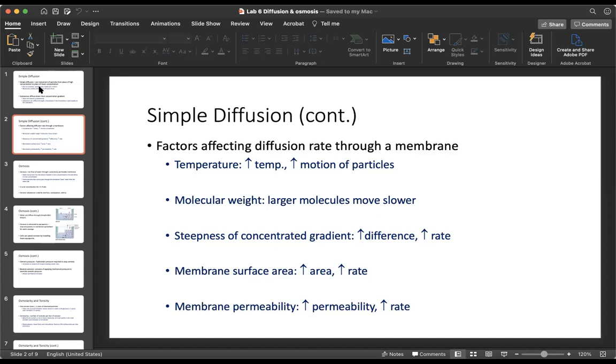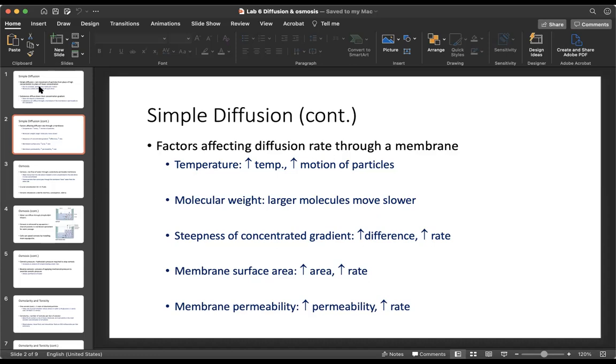The most steep was the 1.0. The least steep, besides the one that had no concentration gradient, was the 0.2. Hence, the 1.0 molar solution at every stage gained more weight than all the other solutions. It was the steepest concentration gradient, hence had the highest rate of diffusion.